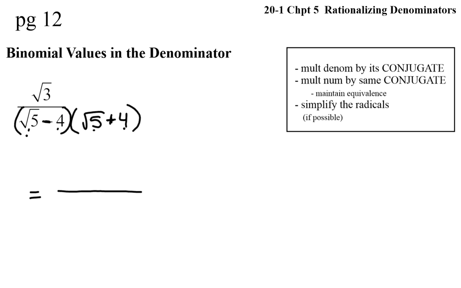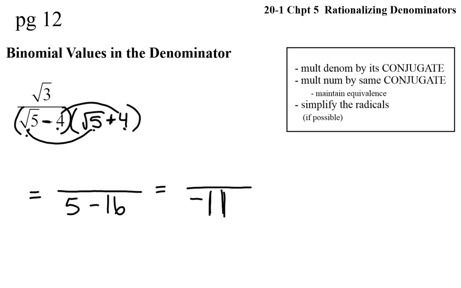When you have conjugates, first terms get multiplied. Root 5 times root 5 is 5. The last terms get multiplied. Negative 4 times positive 4 is negative 16. And we end up with a 5 minus 16, which is a negative 11 denominator.